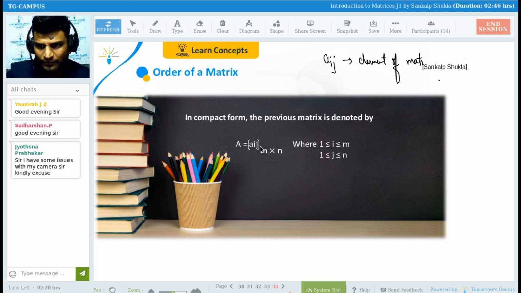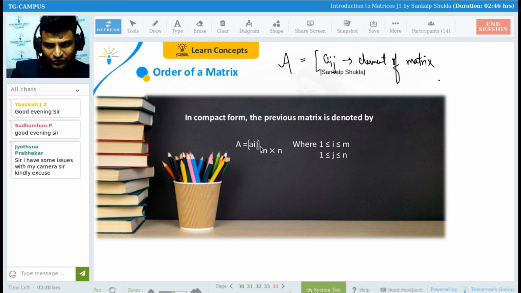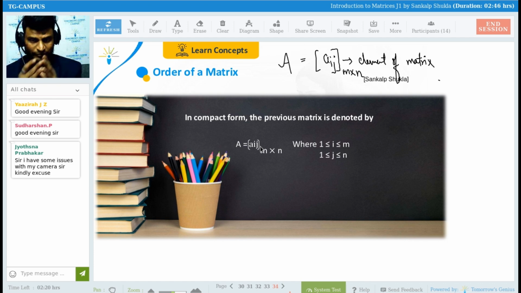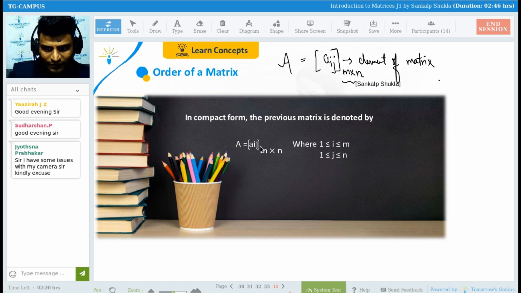I will give the naming of that matrix to be A, so I can write it like this also, of M cross N. So what is the information that I'm getting from this? I can know the order of the matrix and I can know the elements also.